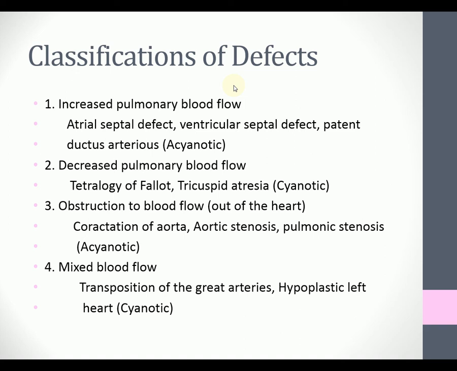This coarctation of the aorta, you always need to make sure that you're doing blood pressures in all four extremities. Usually, if you're suspecting a congenital heart defect, look at the difference between the upper and lower extremities. I think I said that wrong. Let me think about this.